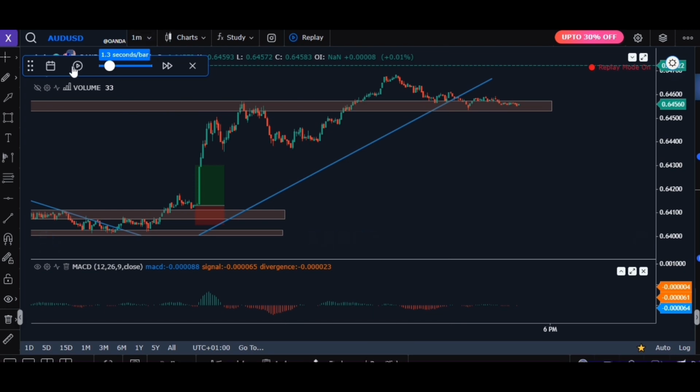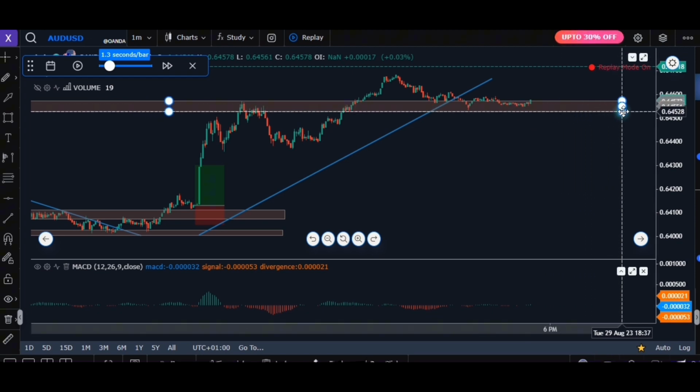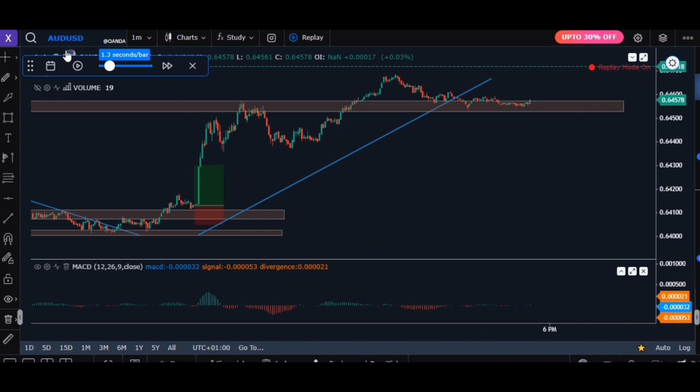So let's see. All right, the market is respecting that zone, consolidating. Let me extend our resistance zone. Okay, the market is still consolidating. Okay, bounced off the zone. Okay, let's see.